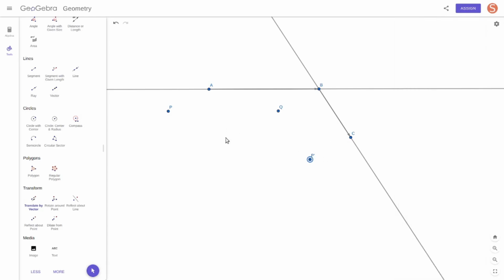Okay, and what I want to show is that the quadrilateral I have here, AC P prime P, is a parallelogram. If I can prove that, then I am done.